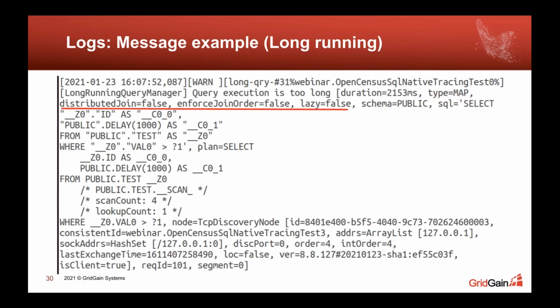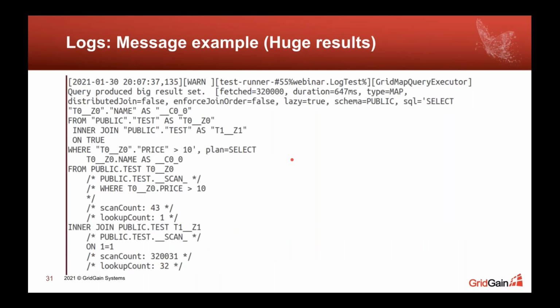Also, it's possible to observe the flags used by the query, and the execution plan eventually, and the state. So it's how many records were scanned and how many lookups were made.